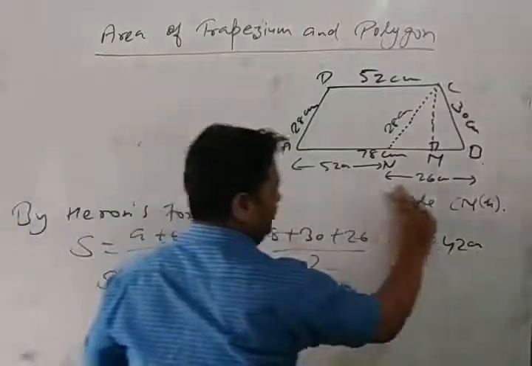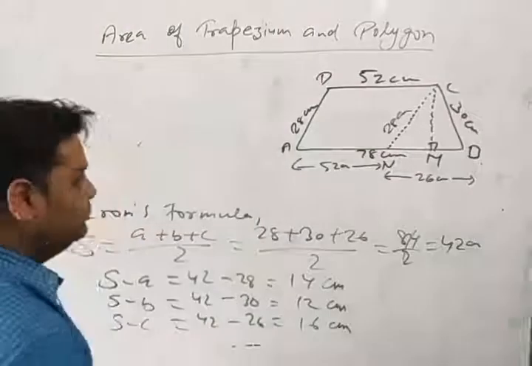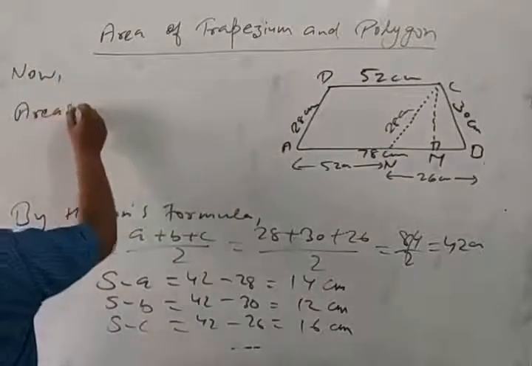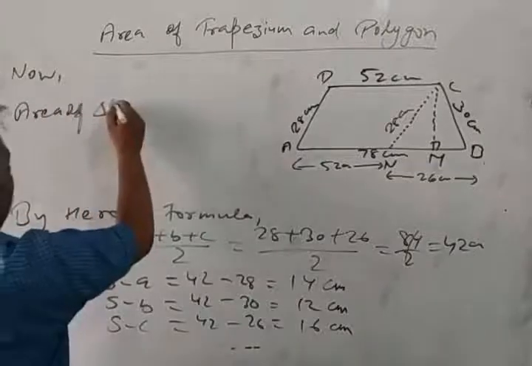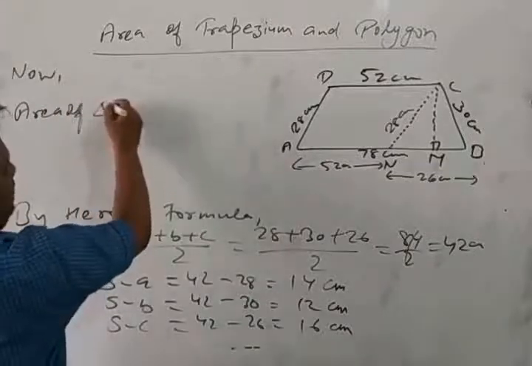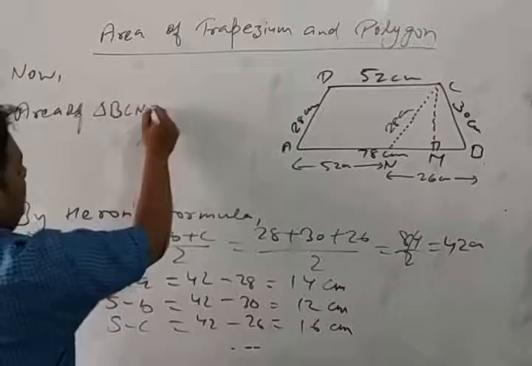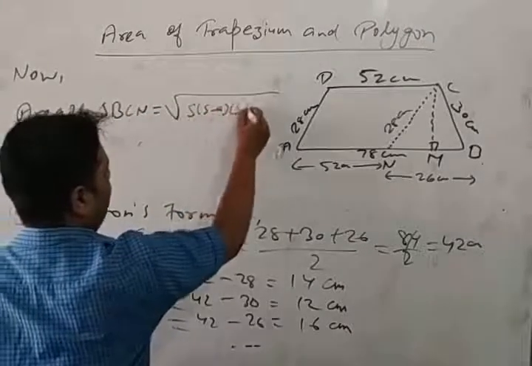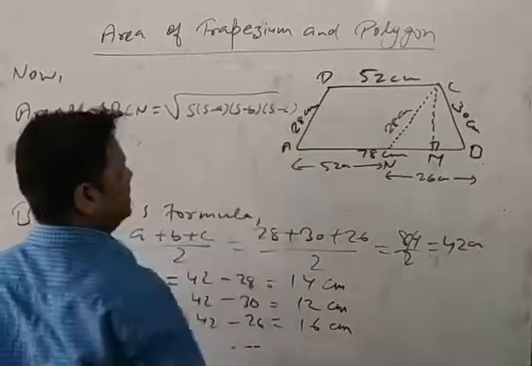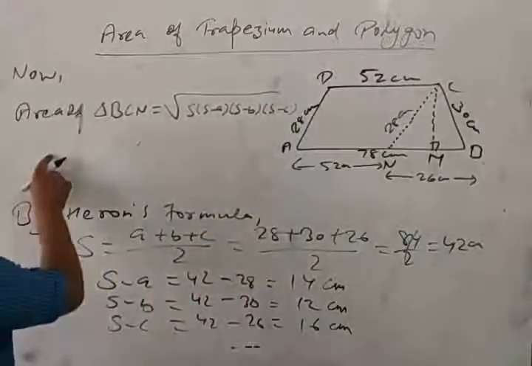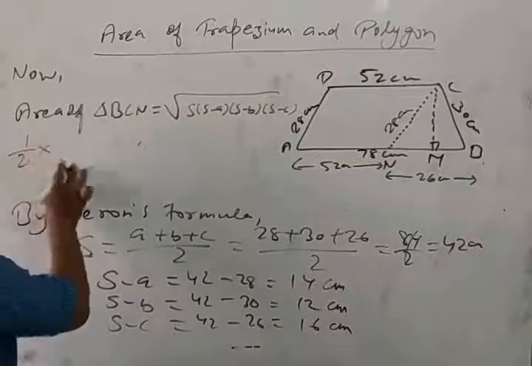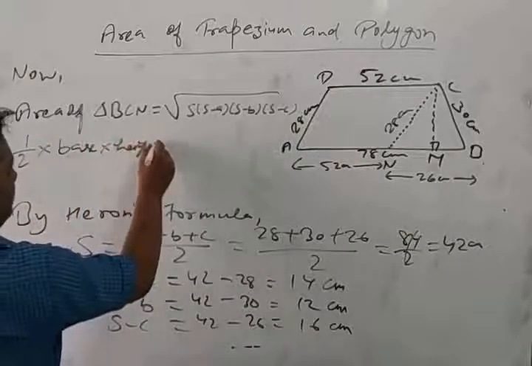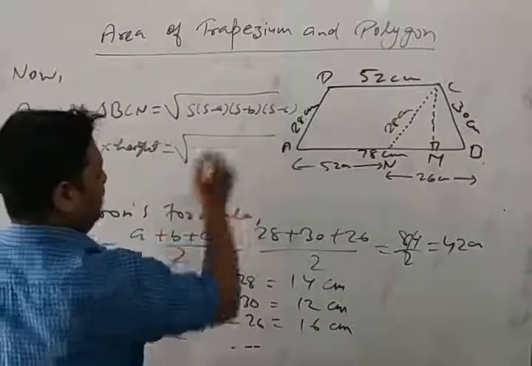Now after that we will write, area of triangle BCN is equal to under root S into S minus a, S minus b and S minus c. And here downside we will write the right angle triangle formula, that is 1 by 2 into base into height. Now put the values.